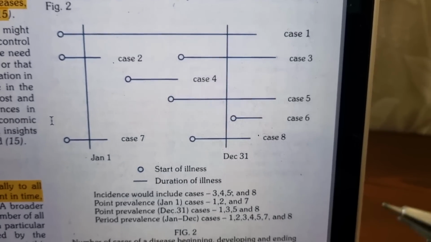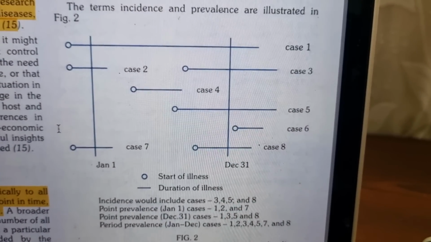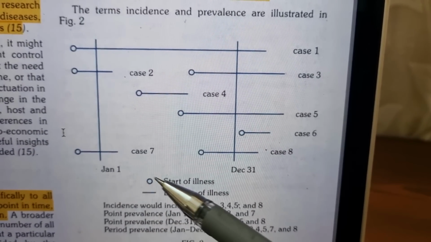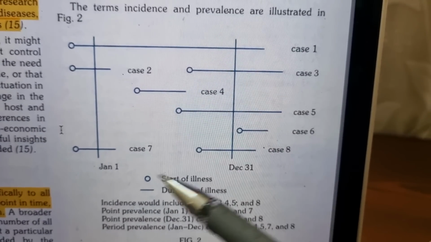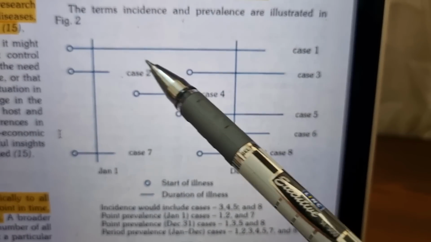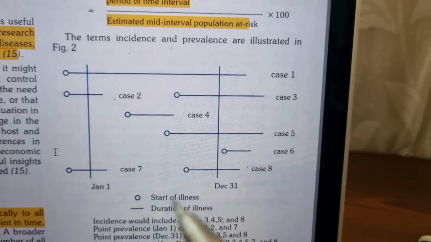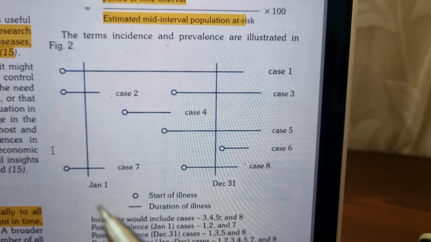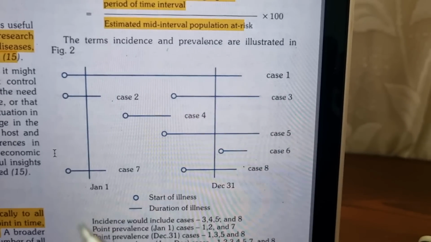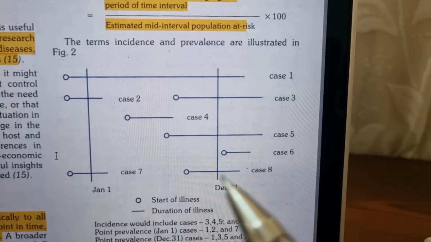With this understanding, you just see this picture, you will understand what is prevalence, what is incidence. See the prevalence of a disease between January 1 and December 31. Between these two periods, how many new and old cases? You see, case 1 is there, case 2 is also there, case 3 is also there, case 4 is inside January 1, December 31.